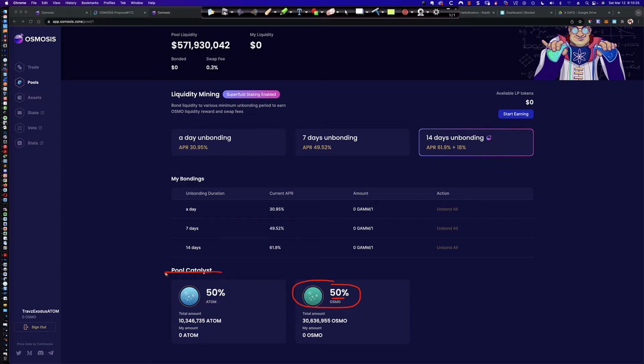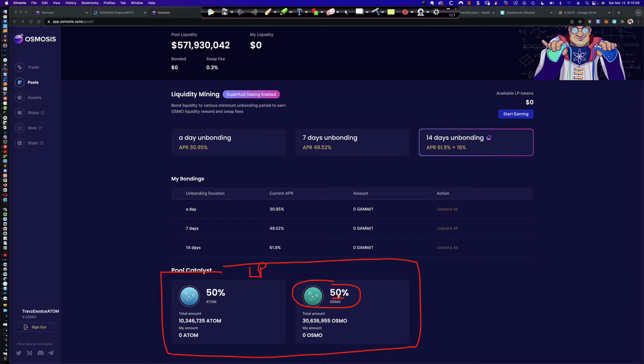So in other words, these two tokens in pool number 1 make up your LP pairing, right? And it's 50-50. Now, it's 50-50 in terms of value, not in terms of the number of tokens, because obviously Osmo, I think, is currently about $9.50. Atom is around $27. So it's roughly 3 Osmo to 1 Atom. So again, the 50-50 refers to the value of the tokens, not the number of tokens.